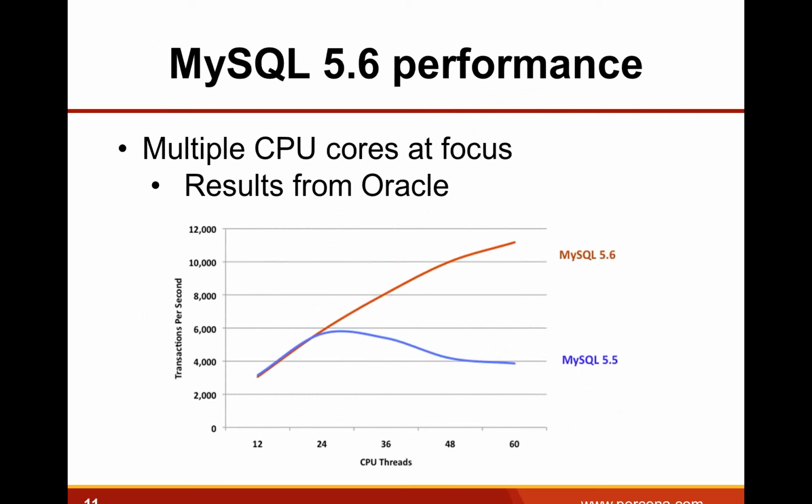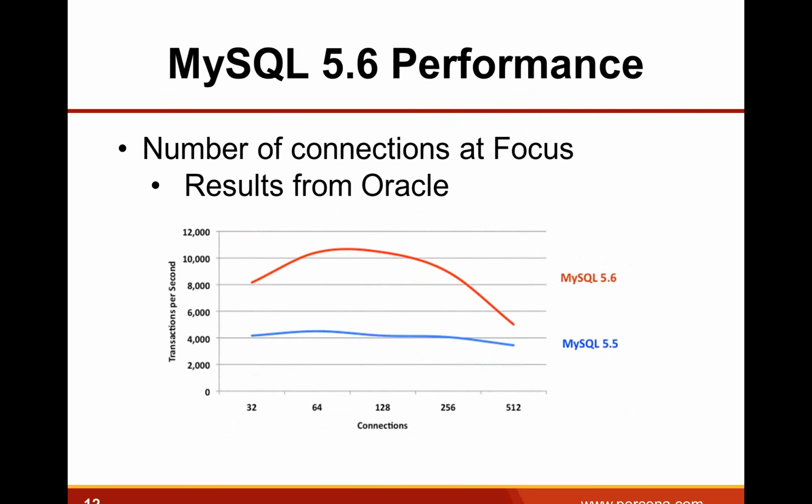And on a low number of CPU cores, performance in that workload may be very similar, or frankly, sometimes even MySQL 5.6 can be slower. You can also see the results from a significant number of cores, right?